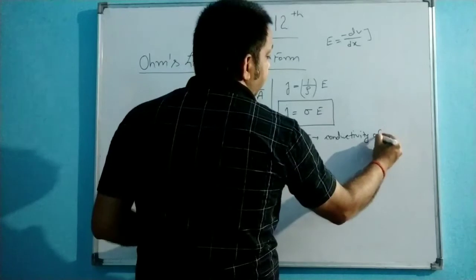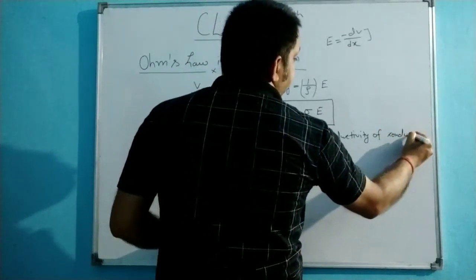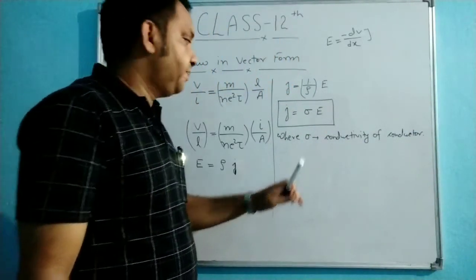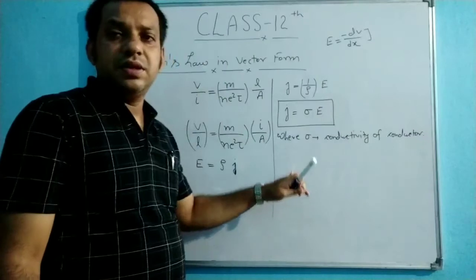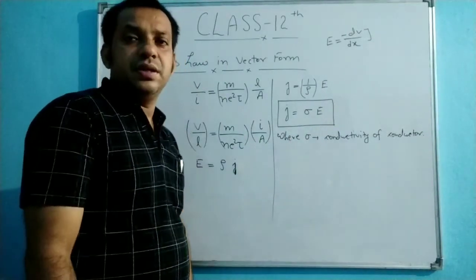The reciprocal of the specific resistance is called the conductivity, represented by sigma. So J equals sigma E, where sigma is called the conductivity of the conductor. This was already discussed in class 10th also. The reciprocal of the specific resistance is called the conductivity.